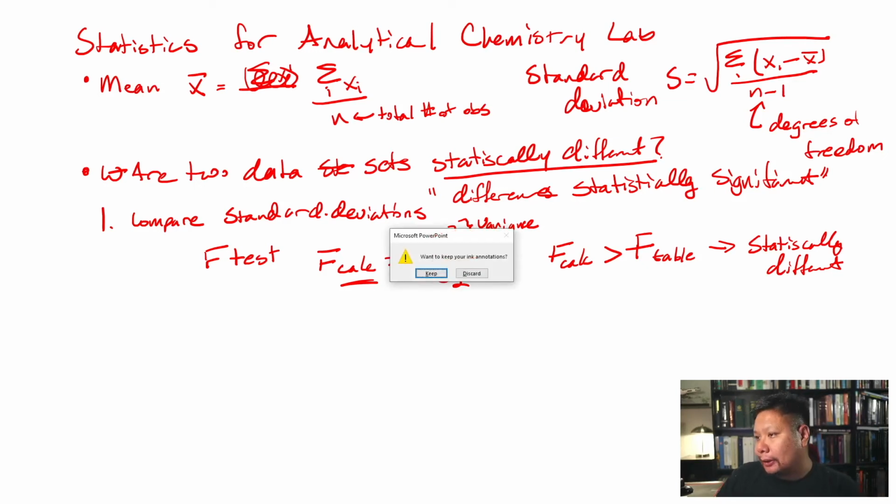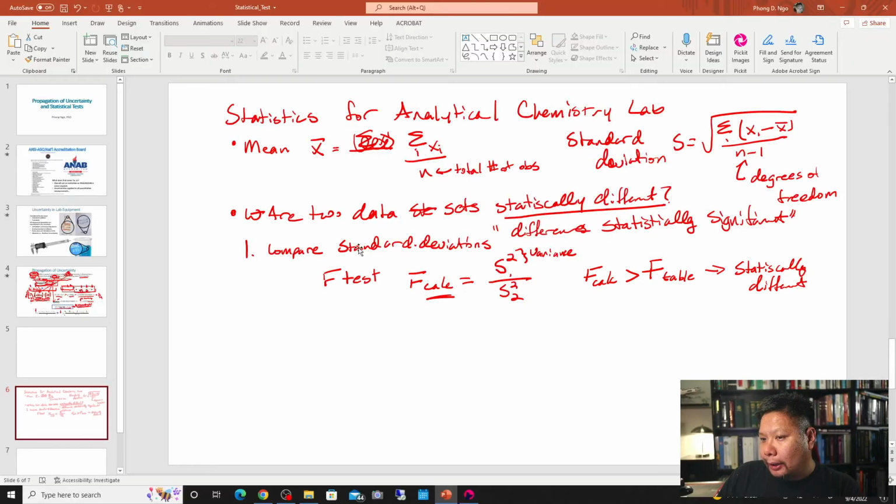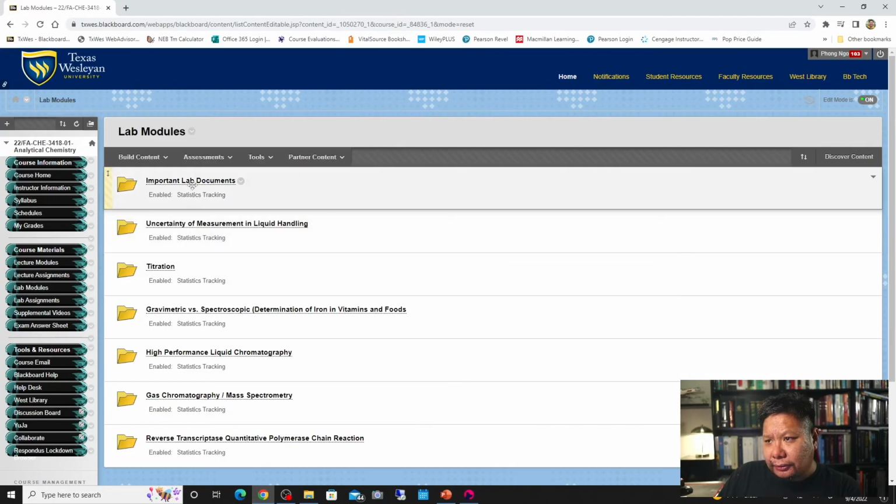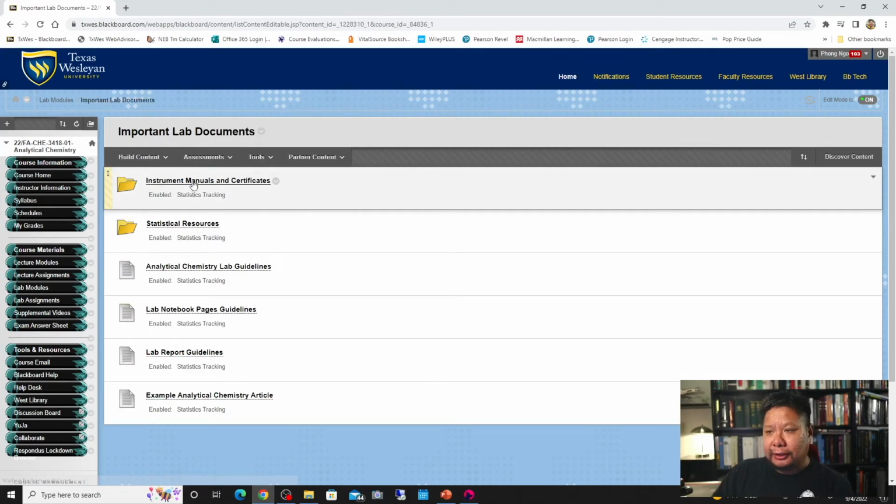Okay, so we'll go ahead and exit out of PowerPoint. And if we go into our Blackboard, and then into the lab modules, and this time we're going to go into important lab documents, right, because you'll be using these statistical tests for almost everything that you do for the whole semester, okay?